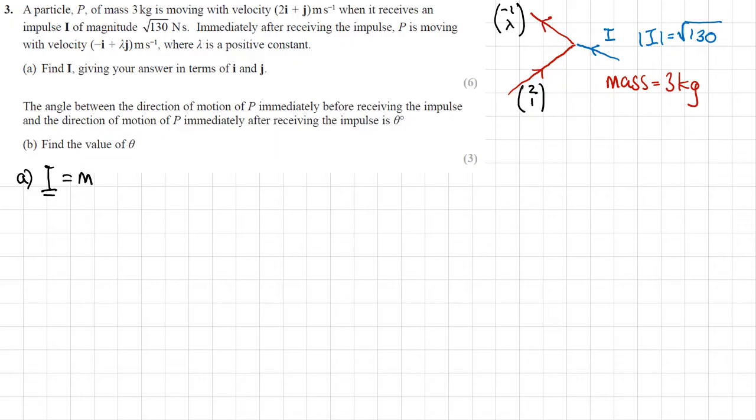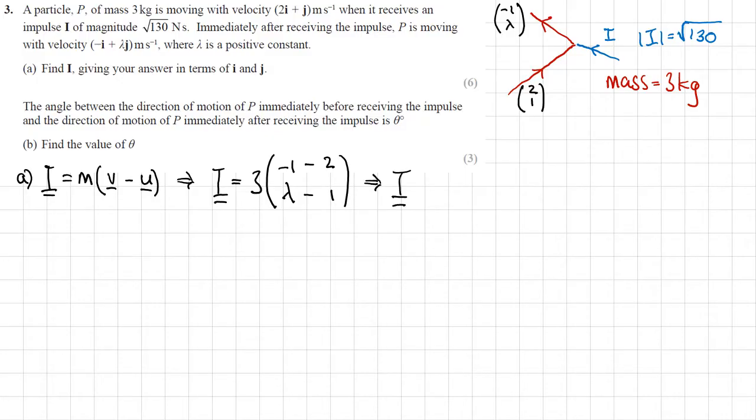So impulse is going to be m times the vector v minus the vector u, and I know that the size of my impulse is √130. If I start to fill this in, the impulse is going to be the mass, which is 3 kg, times v, which is (-1, lambda), and I need to subtract from that u, and u is (2, 1).